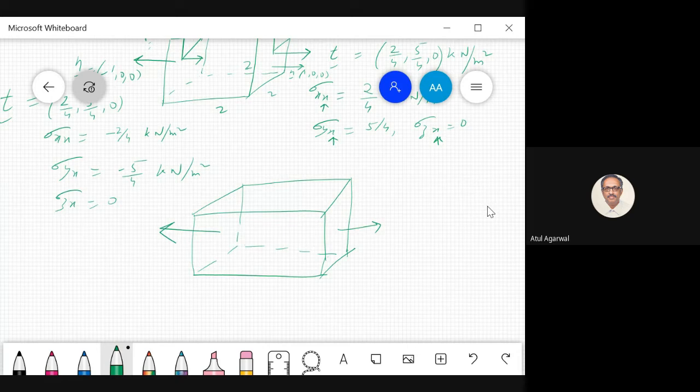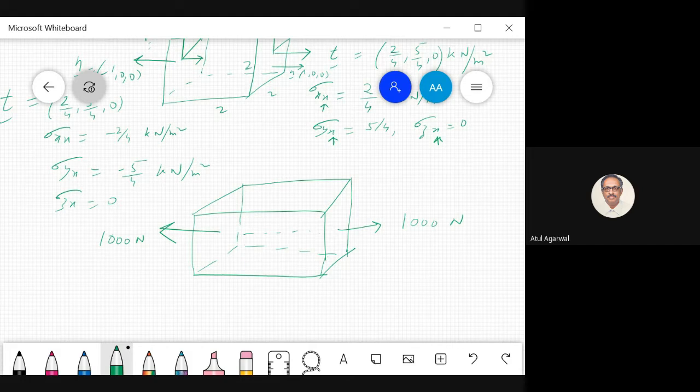How can it be in tension? I apply a force here. I apply a force here. You see this block is in equilibrium. This is a uniformly distributed force. So net force is passing through centroid of the face. So these two forces become collinear.